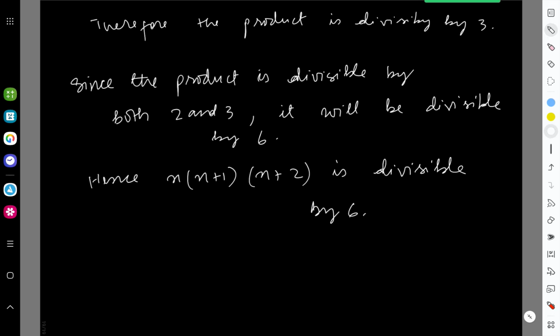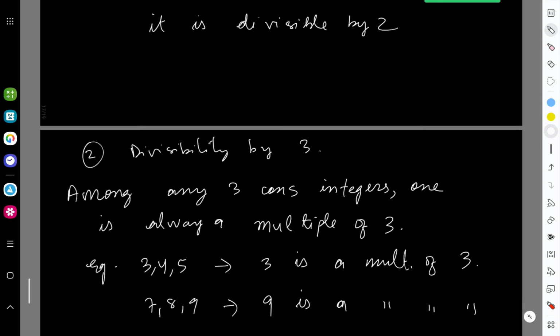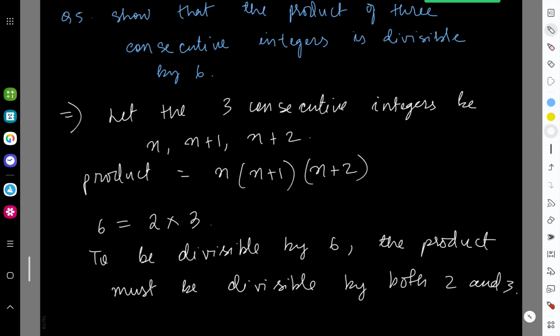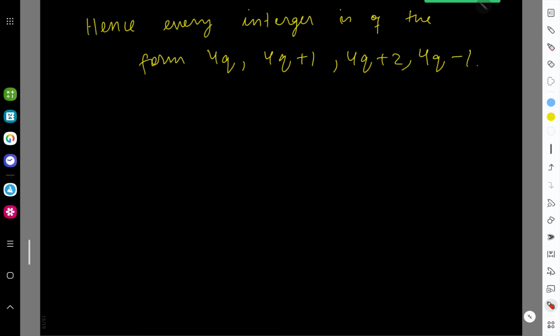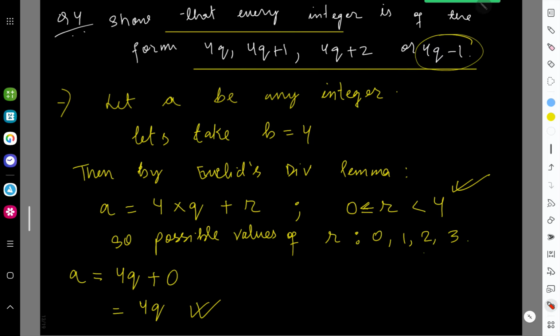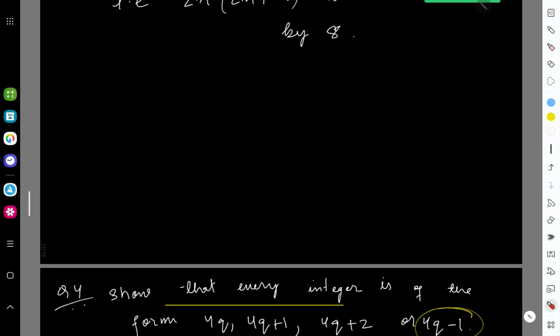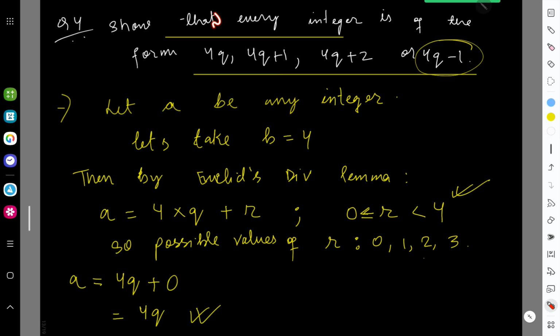You also have to be very careful with the number mentioned in the question. In some questions it asks for 3, while in some it asks for just 2. In some questions it says show that every integer. You have to be very thorough in reading the question.